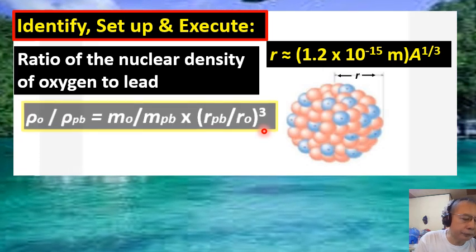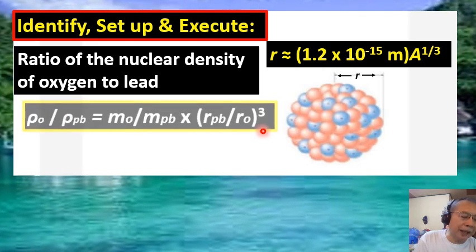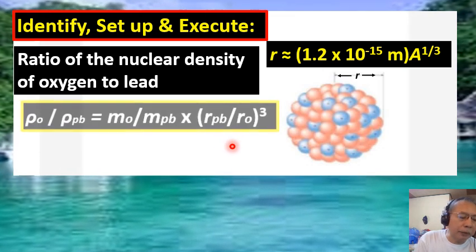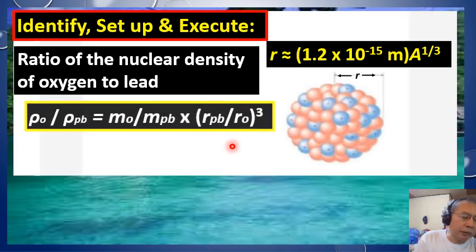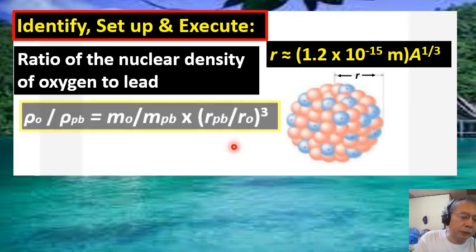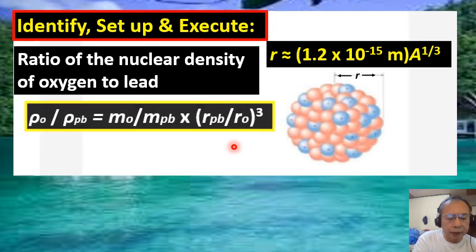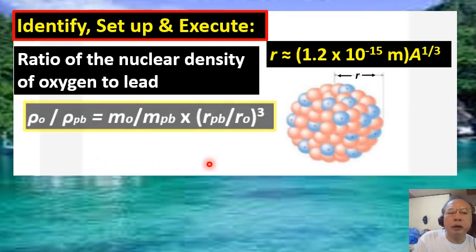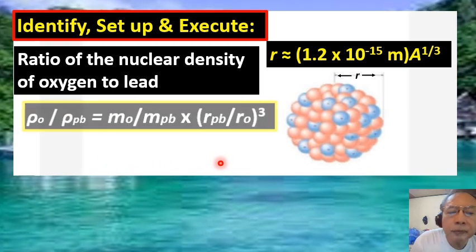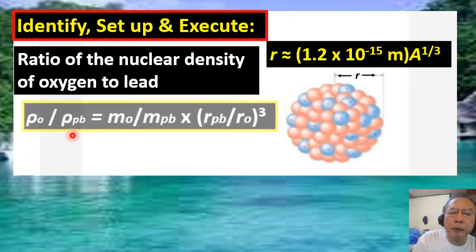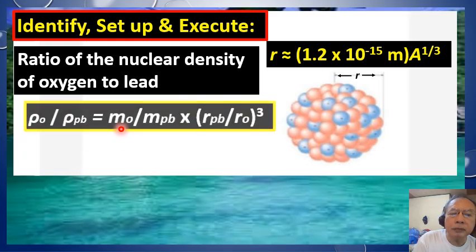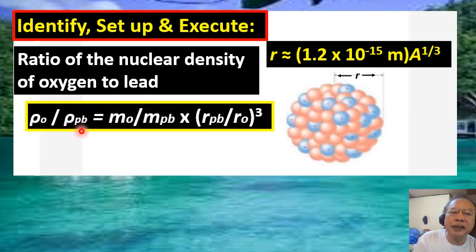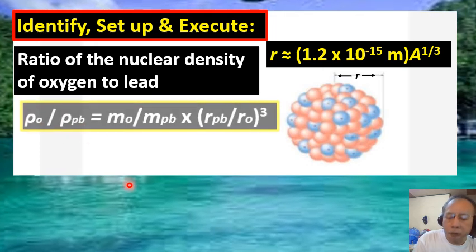This is based on the fact that the nuclear mass of the atom is proportional to the cube of the nuclear radius. Combining that with the definition of density, we were able to come up with this working equation for the ratio of the nuclear density of oxygen to that of lead.